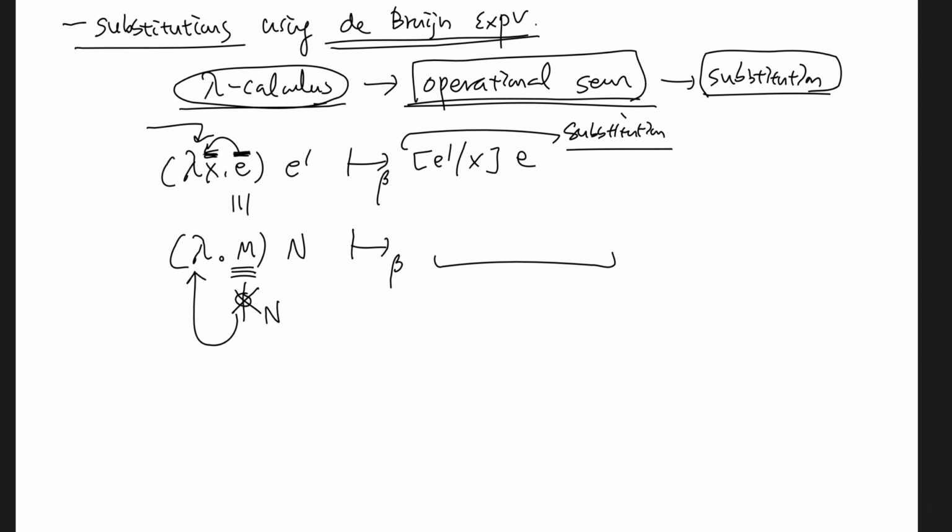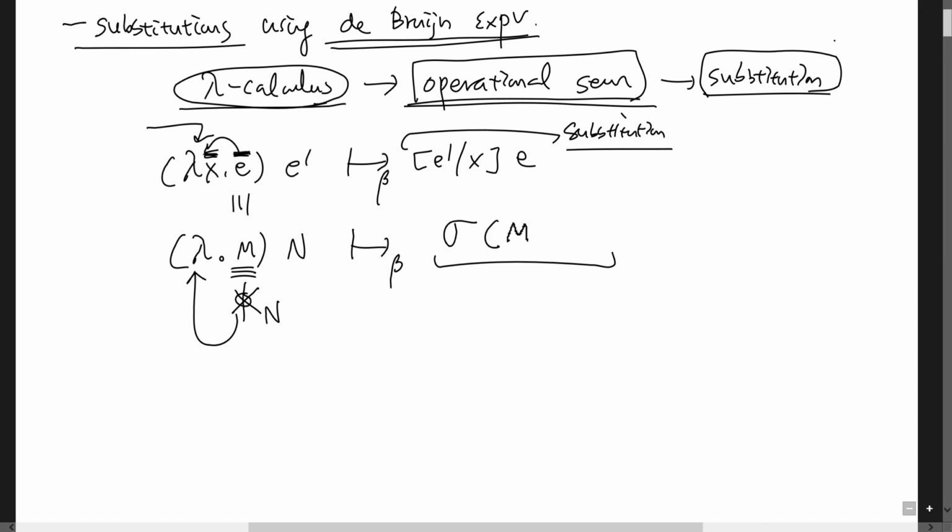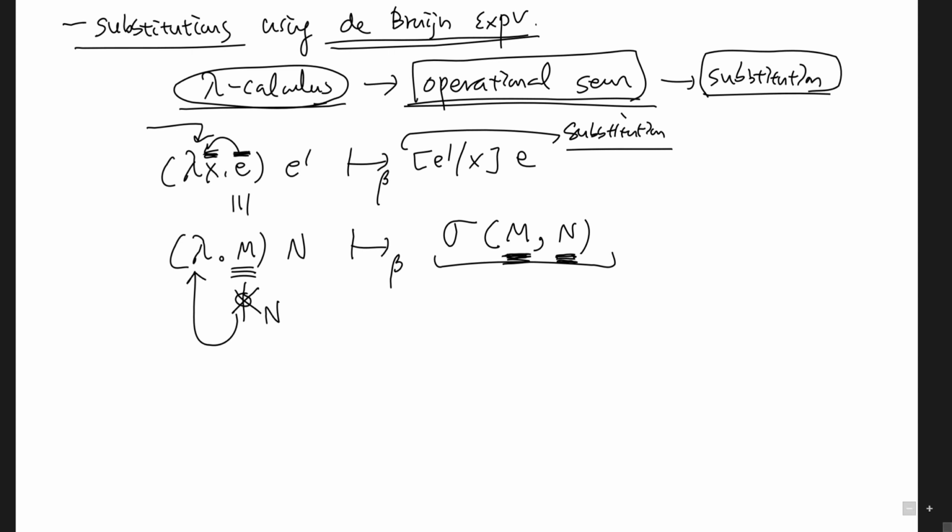So let's introduce this function sigma M, N. What we are trying to do is to find the de Bruijn index 0 inside the expression M, and then replace it with the argument N. So to indicate the de Bruijn index that we are currently looking for, let's write this subscript 0.